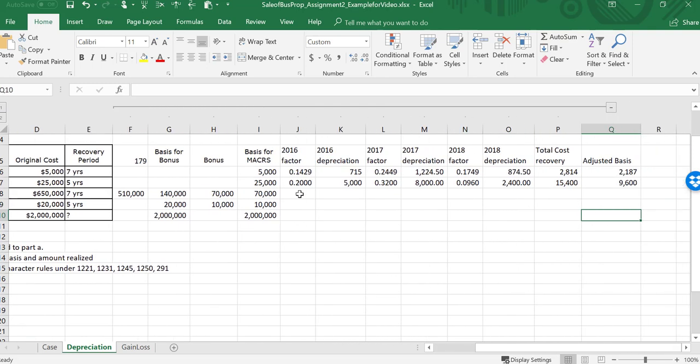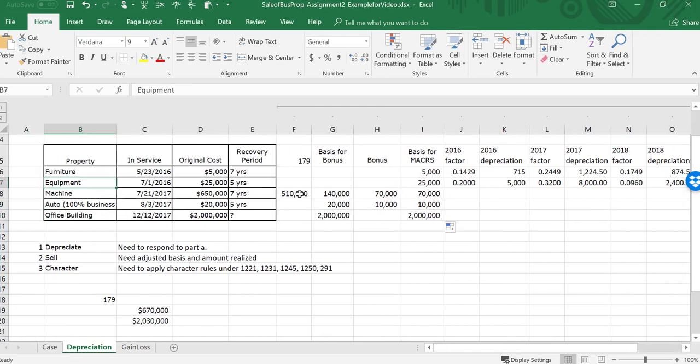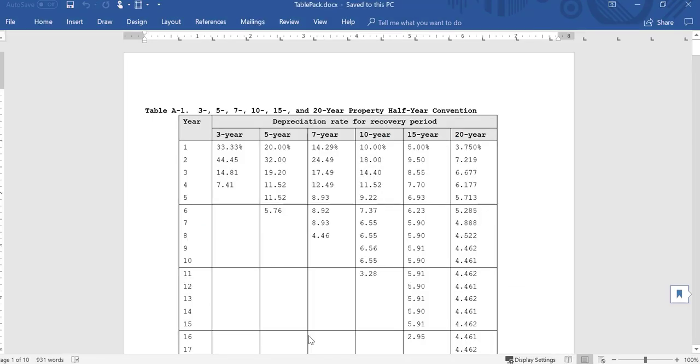Okay, so now that we're here, we need to do the same sort of measure, right? So first we'd say, okay, I've got some personal property. Was any of it placed in service in the fourth quarter? The answer is no, so it's clearly less than 40%. So as a result, we are going to use, of course, the half-year convention. So if we go to the table, we've got the same 5 and 7 year amounts, 0.2% and 0.1429%.